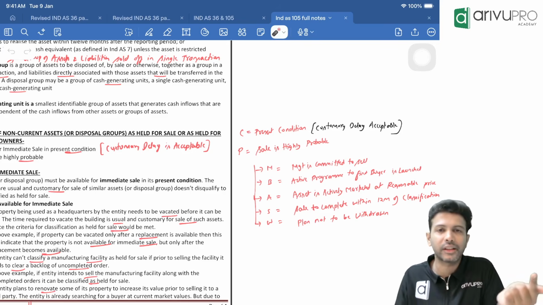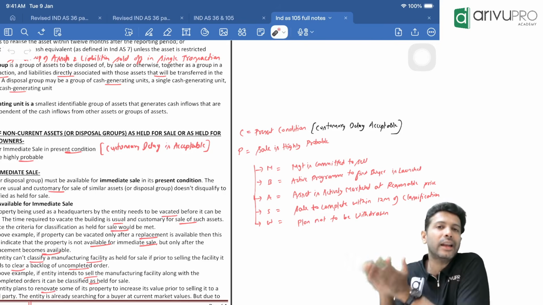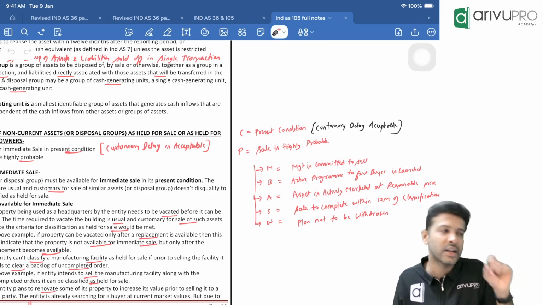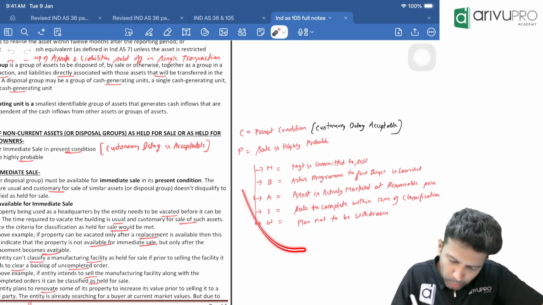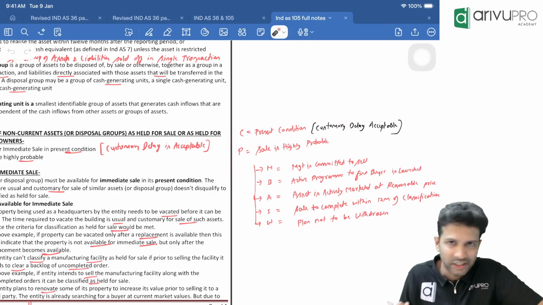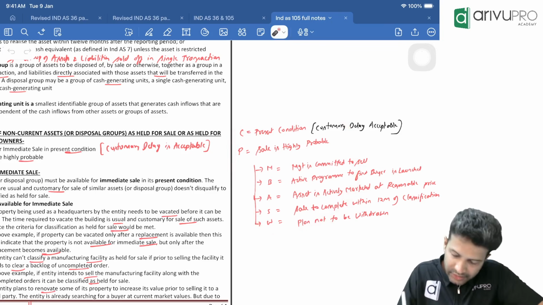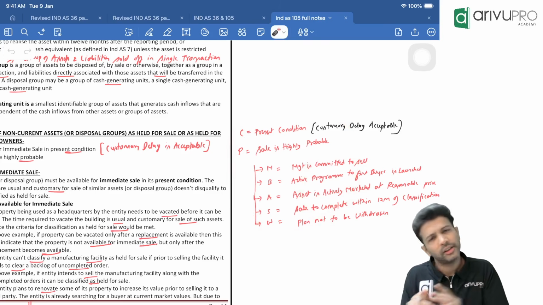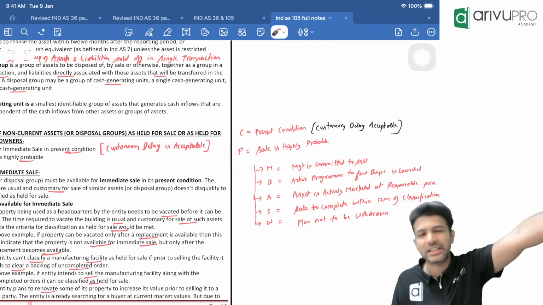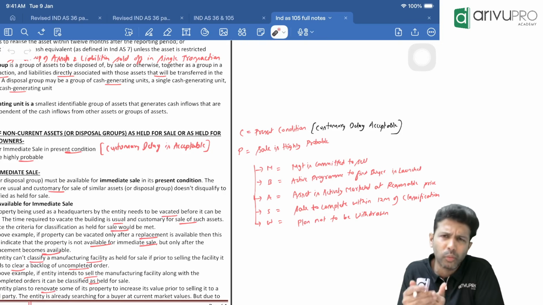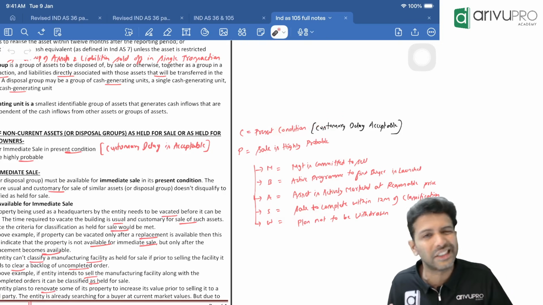You need to tell whether the conditions are satisfied and whether a non-current asset can get classified as held for sale. So most probably you'll not be expected to mug this up and remember it, because they will test you through a case study. So as long as you're able to find the right answer, it should be okay. But I would suggest it is still better to remember these things.